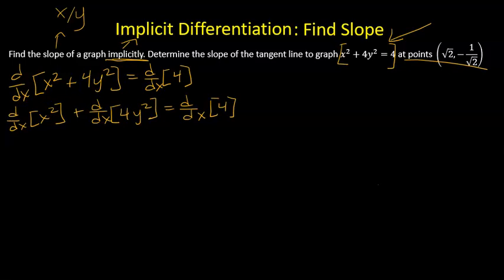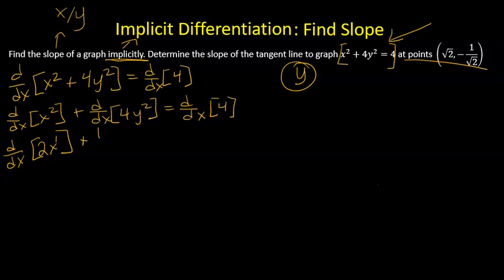And I have to look at two things. Is it the star of the show, which is y? Y is the star of the show, right? Is it the star of the show, and is it being messed with in some way? So let's set it up. d dx of x squared is going to be 2x. And let's see, star of the show? Nope, it stays d dx.